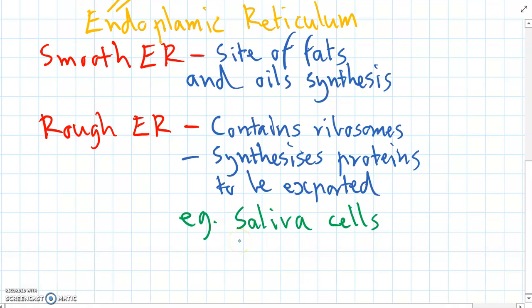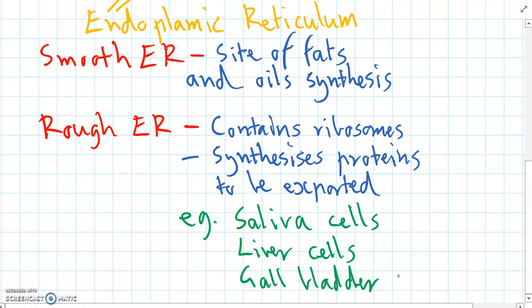It's the same for our hormone producing cells, like in the liver or our gallbladder as well. These will all have a lot of ribosomes on their rough endoplasmic reticulum.